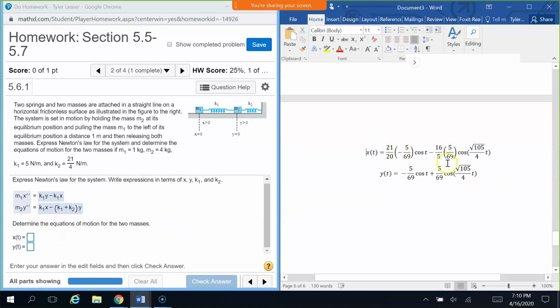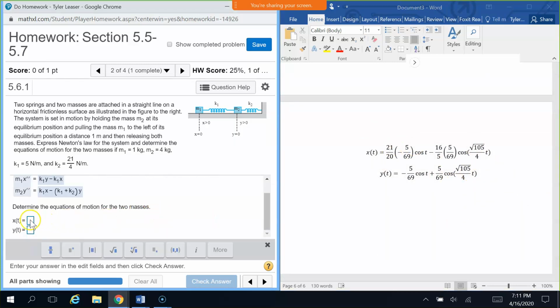All right. And then we just type it in and hope for the best. Do those simplify down to be anything nice? Probably not.